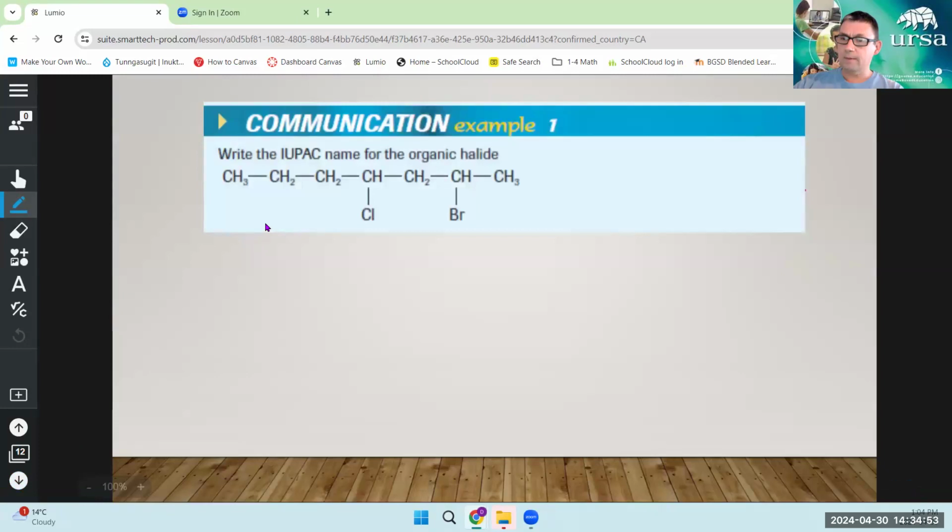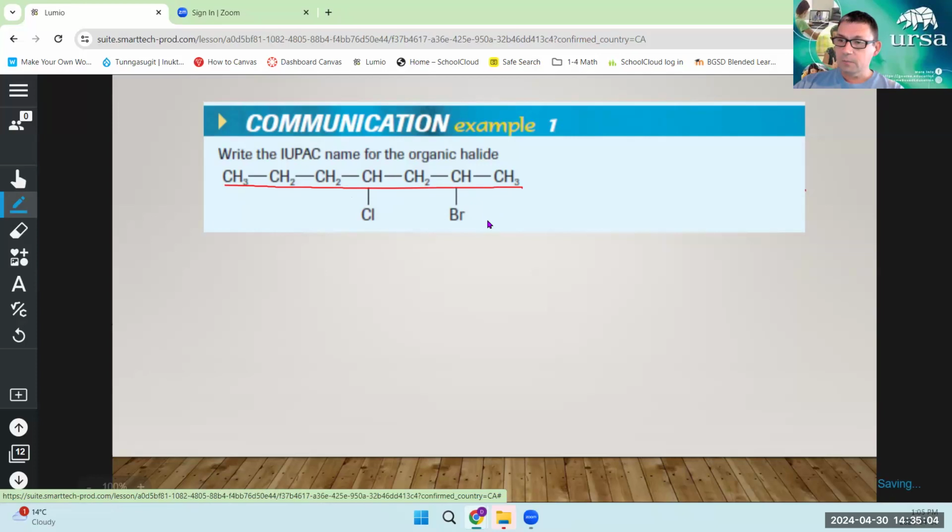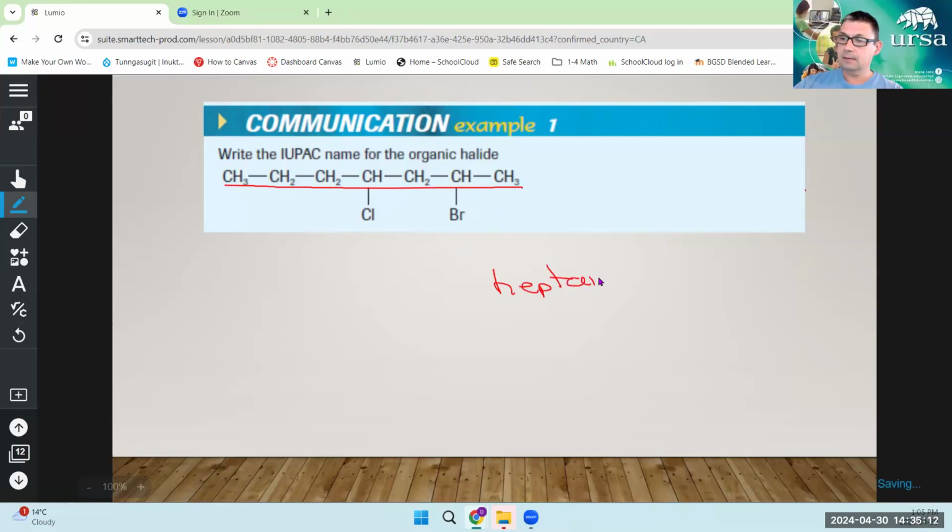Now, let's take a look at this one. This organic halide. Same as before, we start with the longest continuous chain: 1, 2, 3, 4, 5, 6, 7. All single bonds, therefore it's an alkane, therefore its root is heptane. Our side chains, we number alphabetically when there's a choice.